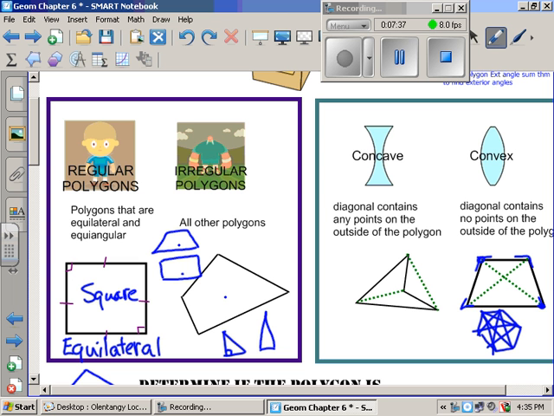Concave means that if you draw a diagonal between some non-consecutive angles, like here's an angle, there's one, and there's one, these two are non-consecutive, the diagonal could be outside the shape. And an easy way to tell is it's got a dent.